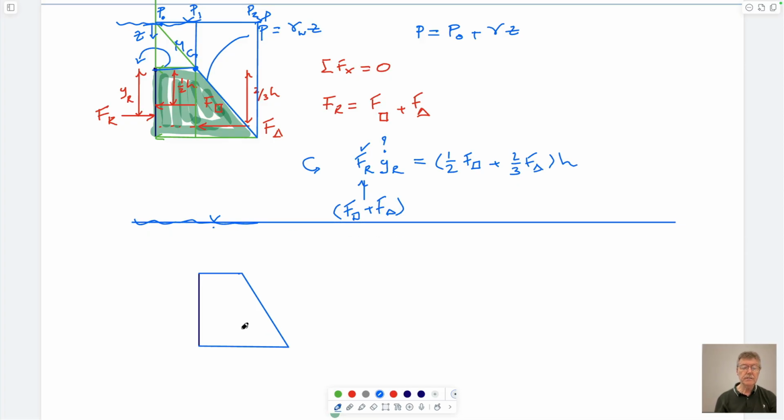Now the magnitude of the force acting here we could calculate from this. Our way of doing this is to take the pressure at half height. It's not quite half height, where this is h sub c.